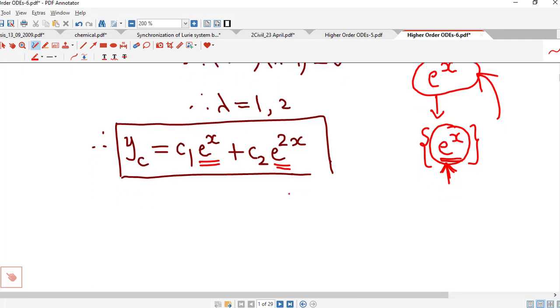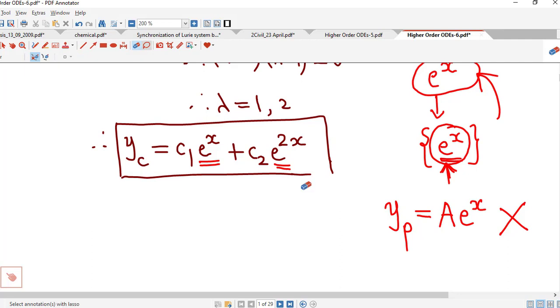Now here e raised to x is present in the complementary function. So if we consider the choice for the particular integral as a into e raised to x, then this is not a proper choice. This is an incorrect choice because e raised to x is present in the complementary function.